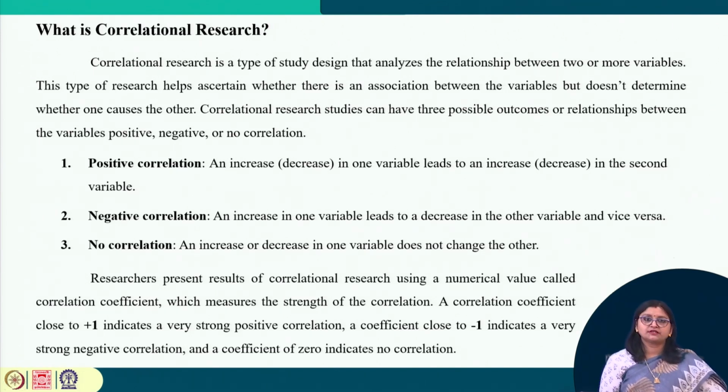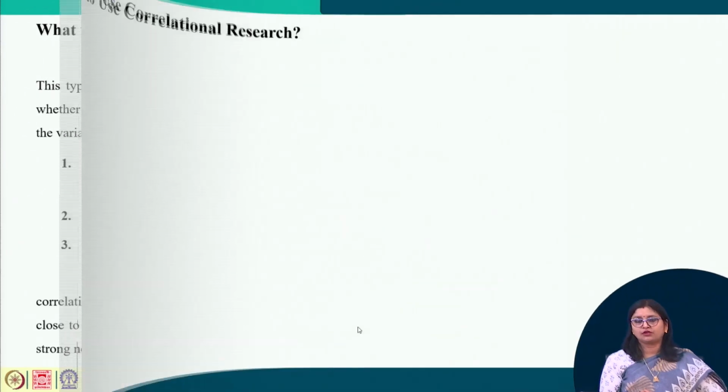Researchers present the result of correlational research using a numerical value called the correlation coefficient, which measures the strength of correlation. A correlation coefficient close to +1 indicates a very strong positive correlation, a value close to negative 1 indicates a very strong negative correlation, and a coefficient of 0 indicates no correlation.